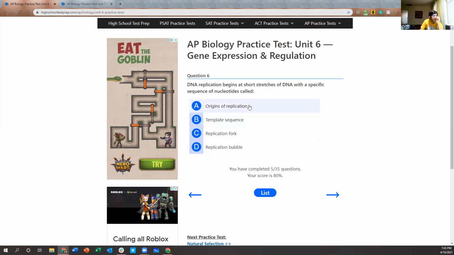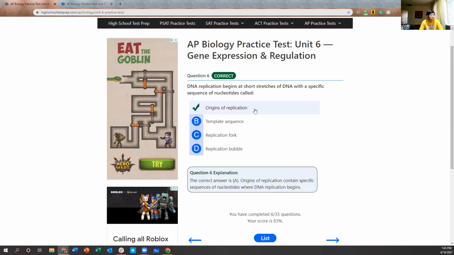It might be origins of replication. Origins of replication, like that replication fork, that's where you start. Or is it the template sequence? I mean, you have two template sequences. I think it's origins of replication. Okay, that makes sense because the origins of replication have those specific sequences that allow replication to begin.